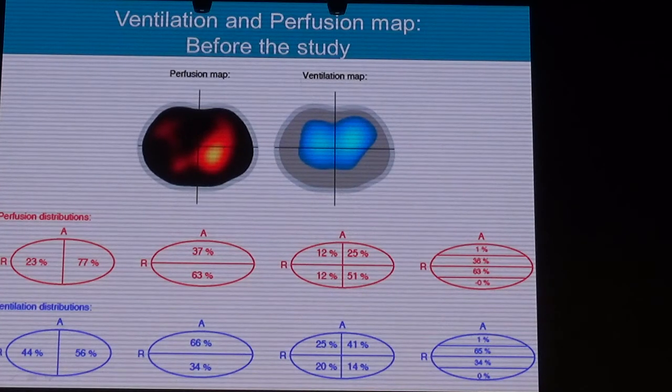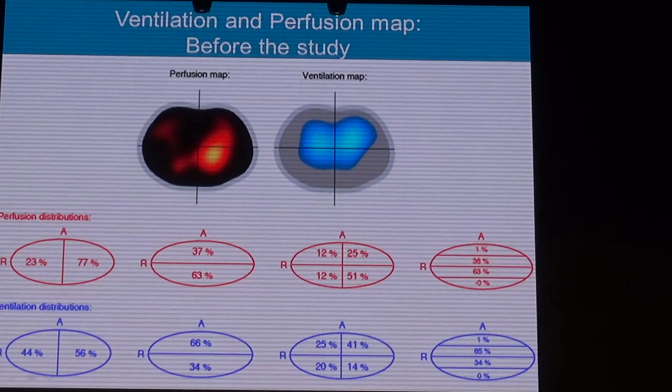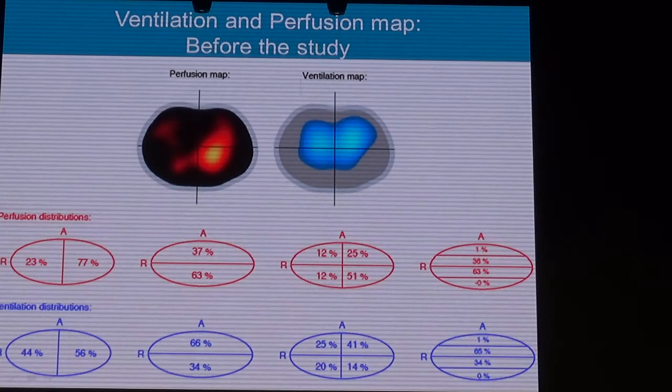For example, in this patient before the study, in the lower lobe on the right there was 51% of perfusion, but only 14% of ventilation, with a great mismatch of ventilation perfusion.